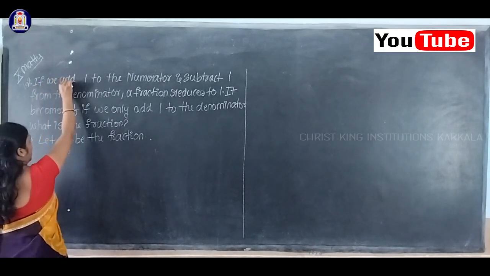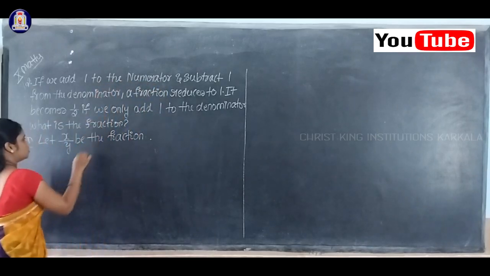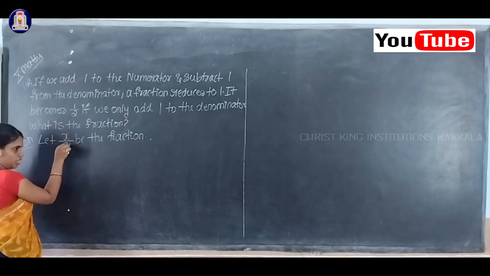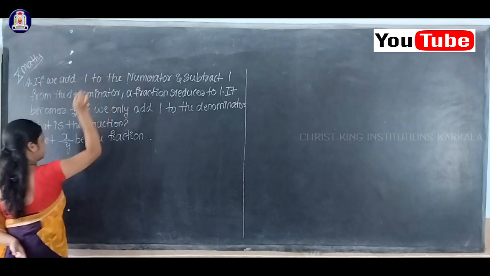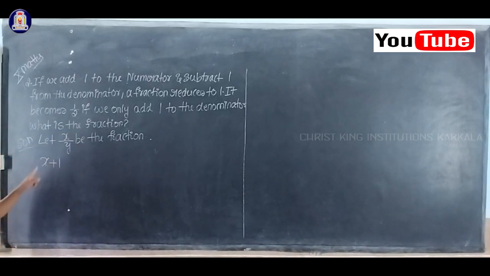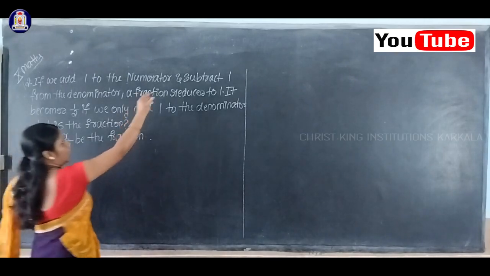If we add 1 to the numerator, here x by y, x is the numerator, y is the denominator, isn't it? So if we add 1 to the numerator, that means plus 1. Okay, then what about the denominator?